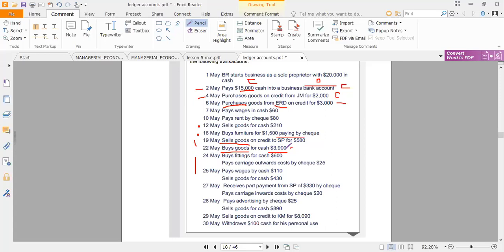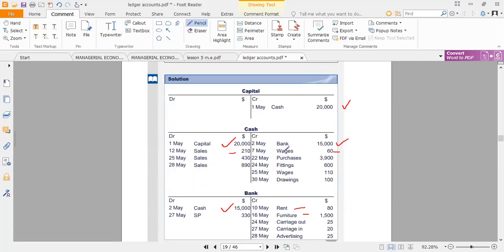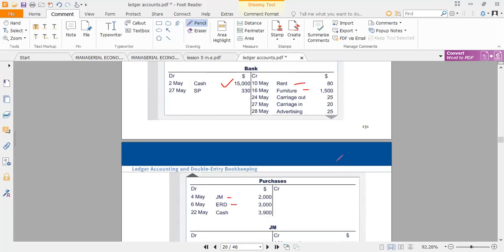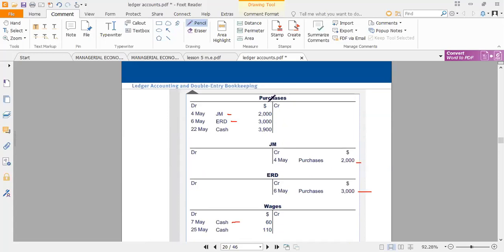Whenever we're giving out, we debit the receiver and credit the giver. So cash is giving out. On cash account, we're going to credit cash 3,900. We're giving out money meant for purchases. And purchases, we're receiving the goods, 3,900.